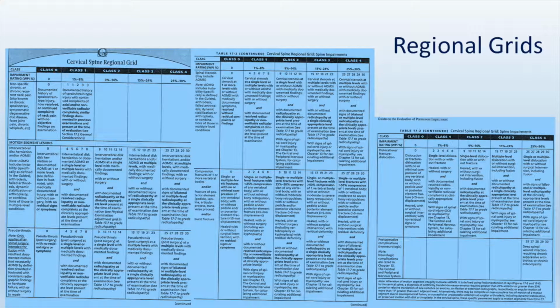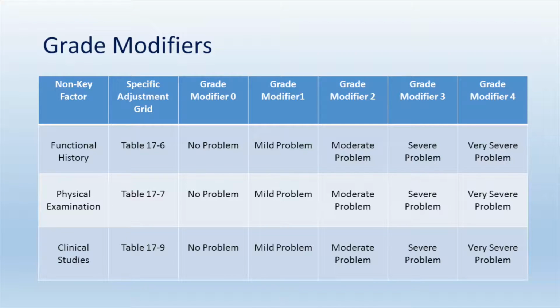So these are the original grids. I don't expect you to read this, but it's clearly mapped out in the book. And it starts off with the whiplash or soft tissue injury, and ends with a fracture dislocation or complications of surgery. You then use your grade modifier, and this is a simple grade modifier that could be used when the problem isn't a complex one.